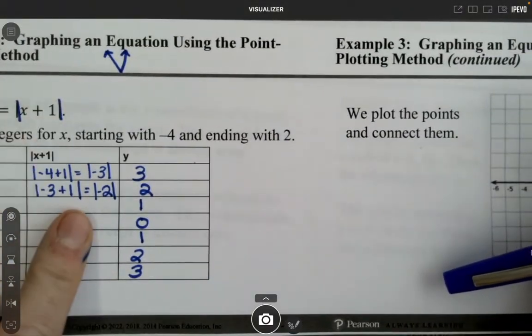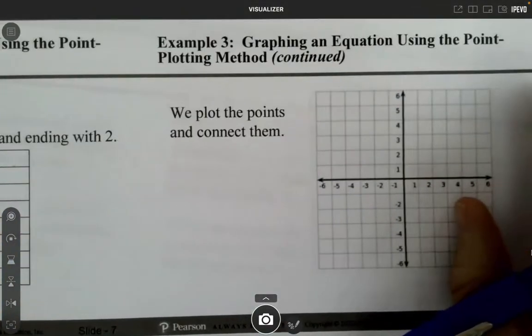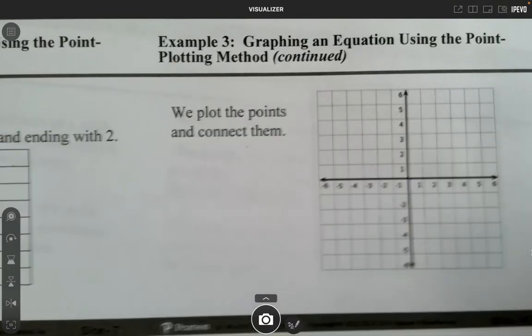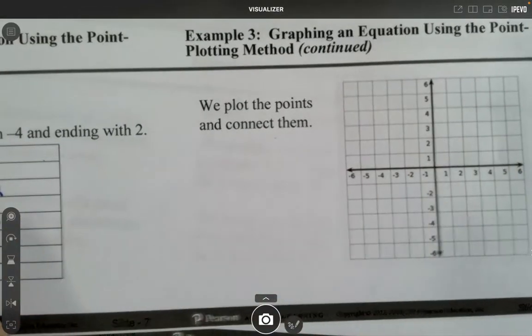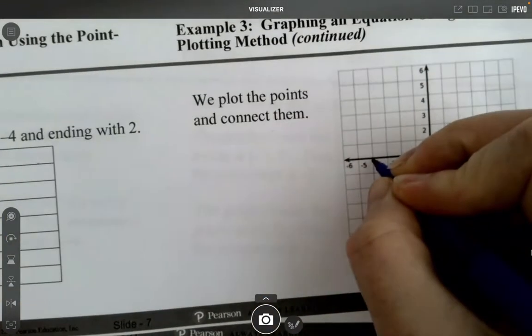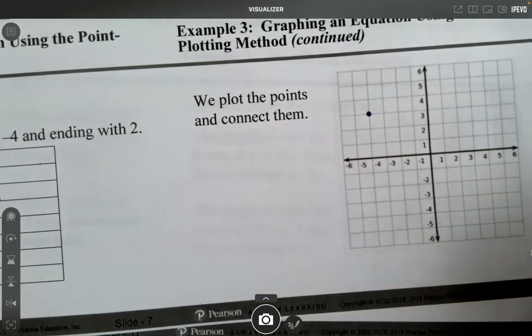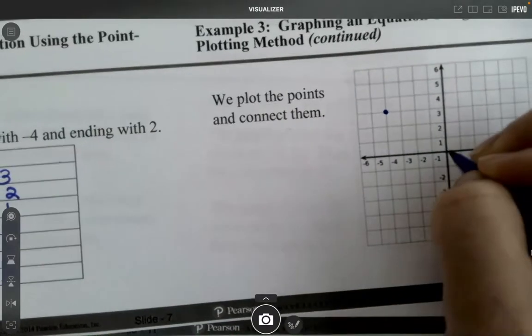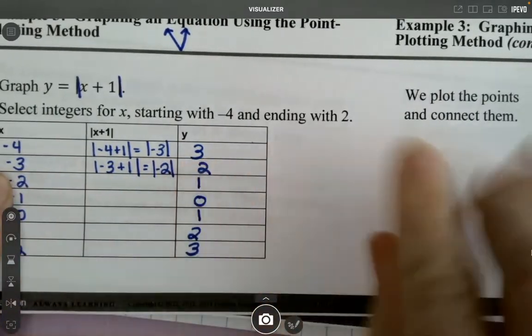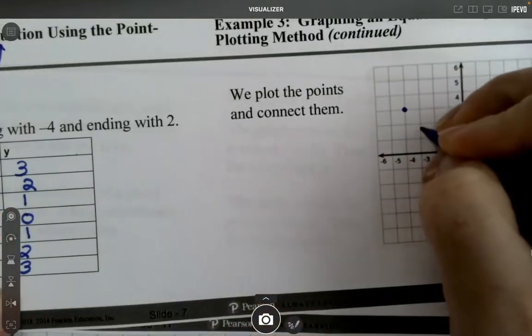So after you come up with your table of values, you're going to graph using the point plotting method. That means you're going to plot points. So I need to plot these points. Negative 4, 3. So that means I'm going to go over to negative 4, up to 3. Then negative 3, I'm getting them from my table of values, negative 3, 2.